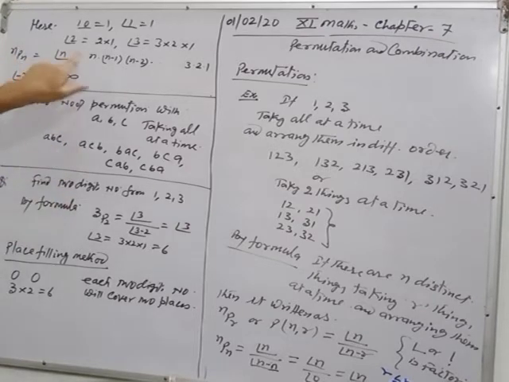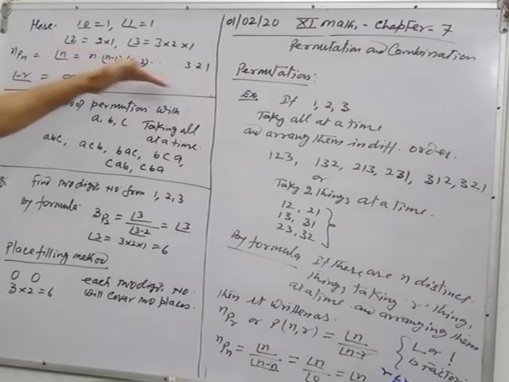So for the first place there are n things, you can put one of them, means there are n options to fill up the first place. Into, for the second place, you multiply options, but you will put one thing at a time in the first place.